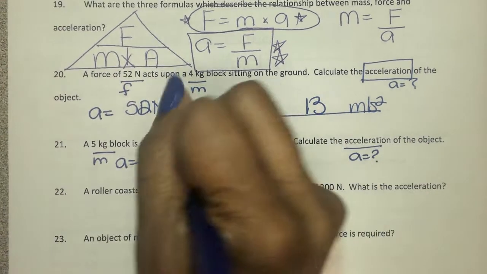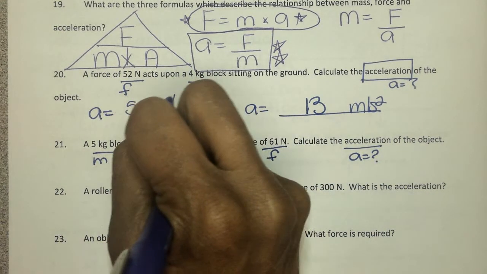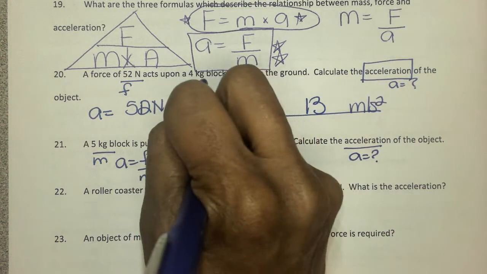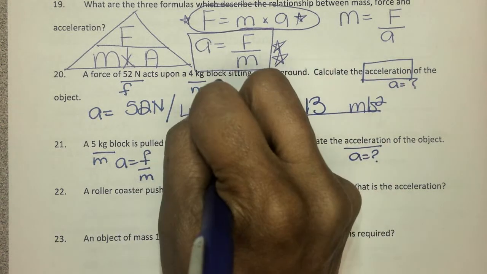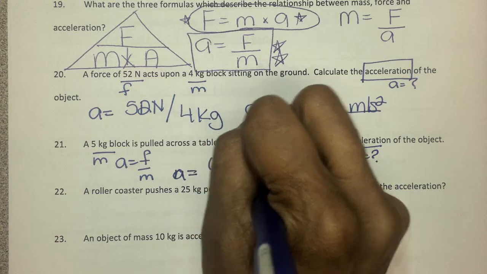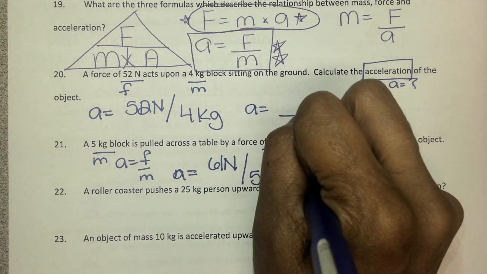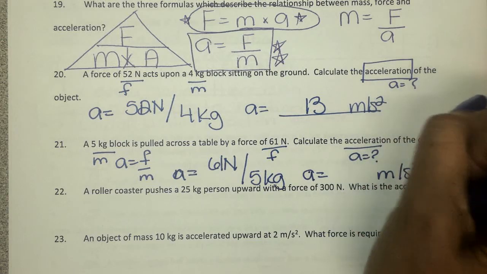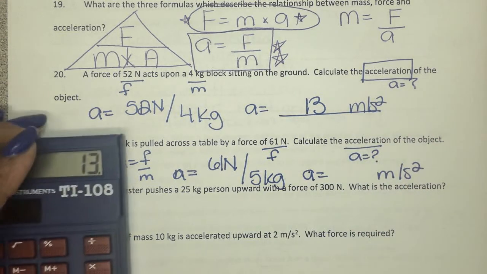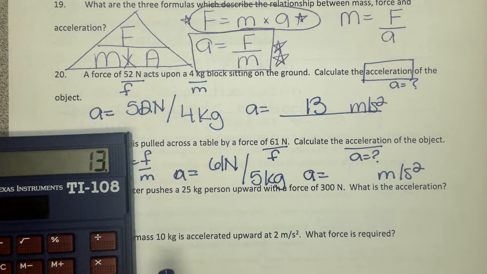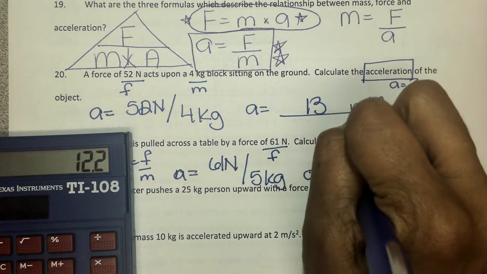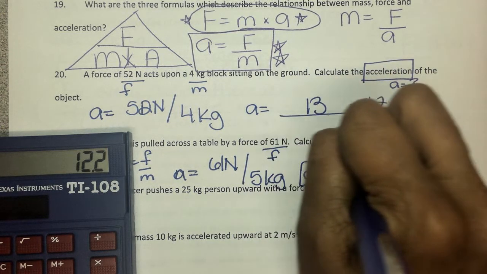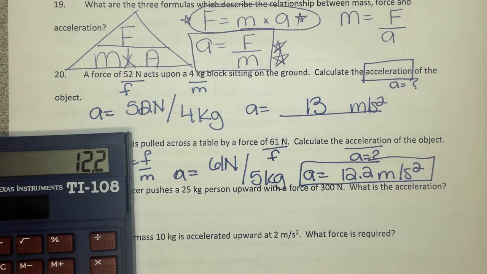So I plug in my numbers: my force, 61 newtons, divided by my mass, 5 kilograms. My acceleration, again, is in meters per second squared. 61 divided by 5, I get 12.2 meters per second squared.